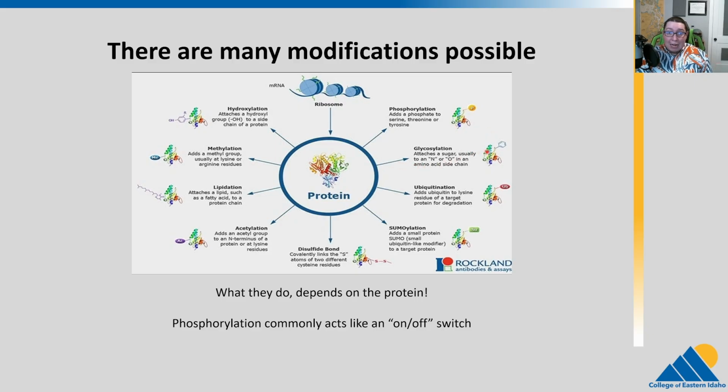Glycosylation, you could add a sugar molecule to the protein. Ubiquitination, as I said, is a mark that targets proteins for degradation. There's one called sumoylation, where you add a SUMO, a small ubiquitin-like modifier, to it, and it can act like a trigger. Disulfide bond formation, where the two cysteine residues form a bond together.